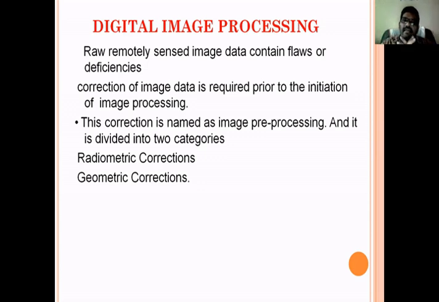That means some sort of correction is required after the information reaches the processing station. What is the correction that is required? We are going to discuss what techniques we can apply in correcting the image, in the name of digital image processing.